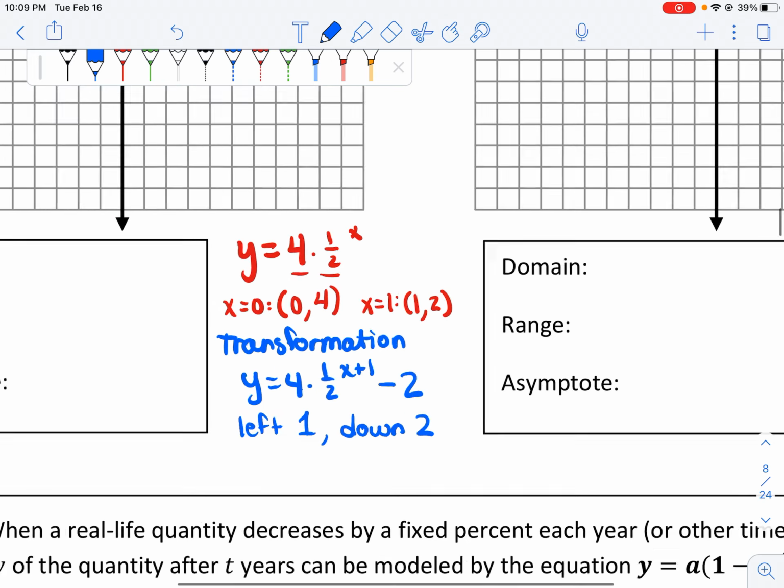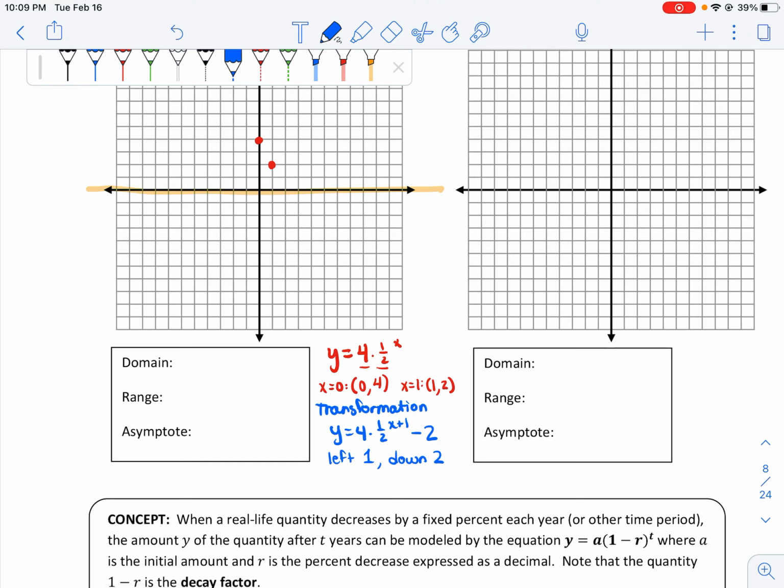So each point needs to move left 1, down 2. And then don't forget the asymptote also has to move. It doesn't really make sense to move it left 1 just because it's a line, but it does have to get moved down 2. So our asymptote is now here at y equals -2, and our points are now there.